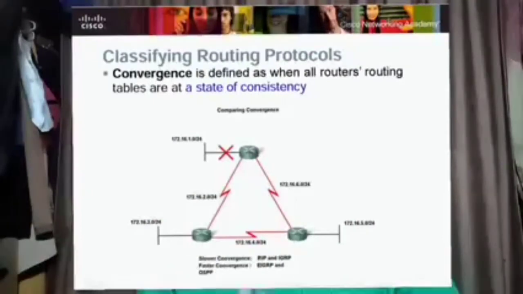As you can see, there are three routers, and in the three routers, the routing tables are in continuous and flawless transmission of packets. So that's what you call convergence. We're in a state of consistency.